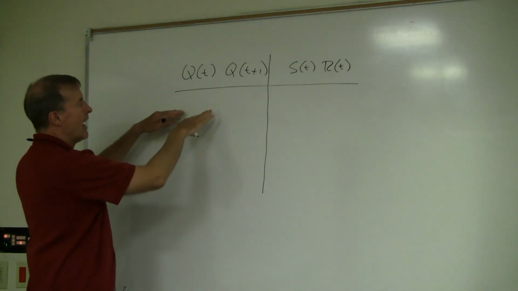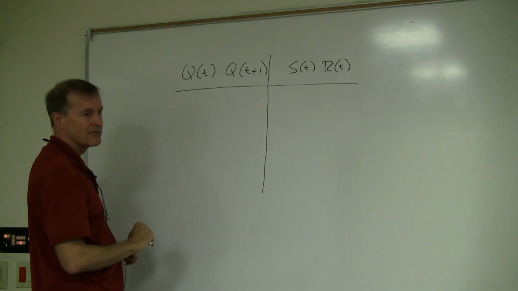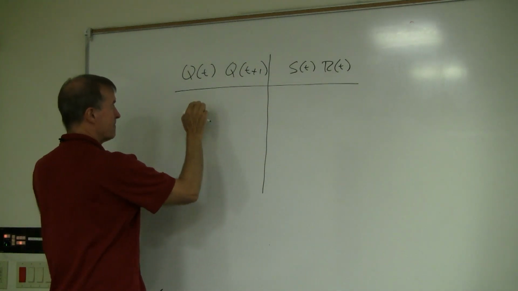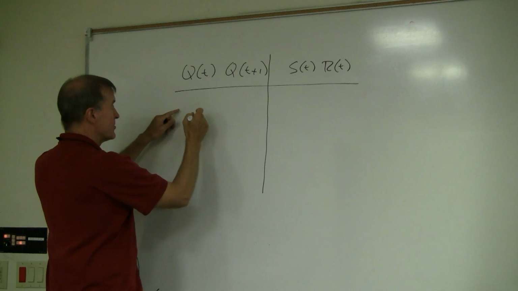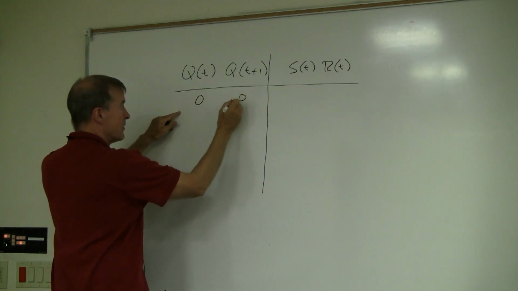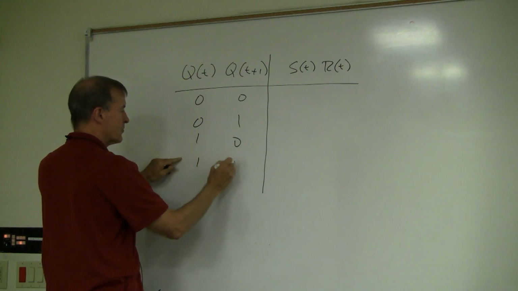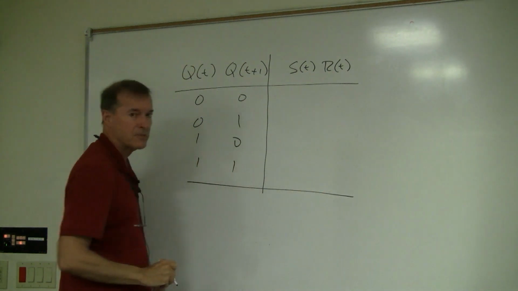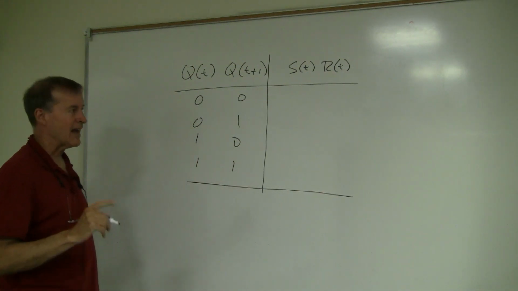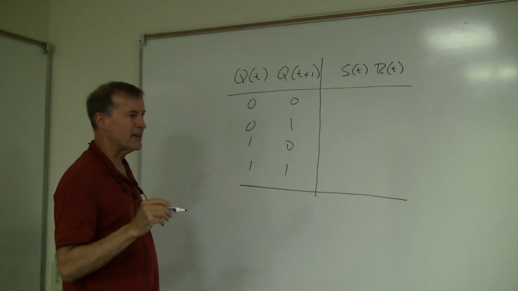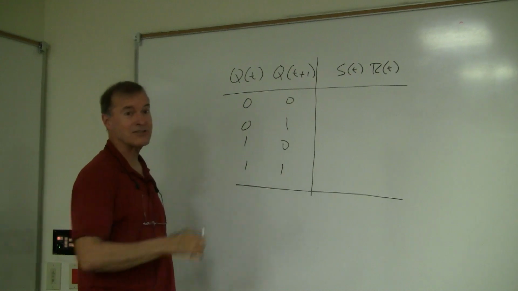Now tell me, how many rows is this table going to have? 4. Why? Because there are 4 possible transitions. You can transition from 0 to 0, or from 0 to 1, or from 1 to 0, or from 1 to 1. Are you with me? And now the question is, what must S and R be in order to make these transitions?